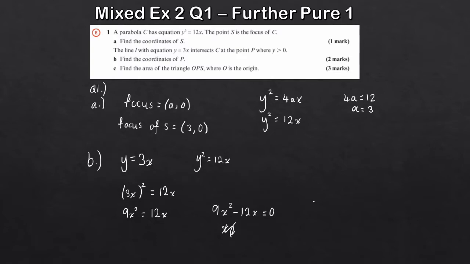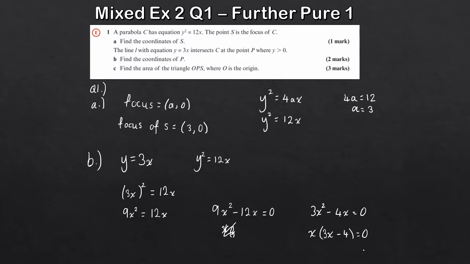If I divide through by 3, I'll get 3x squared minus 4x, that's still equal to 0. And now I can factorise it. You could have factorised first and then divided after, it's completely up to you. Pulling an x out, that'll give us x(3x minus 4) is equal to 0.